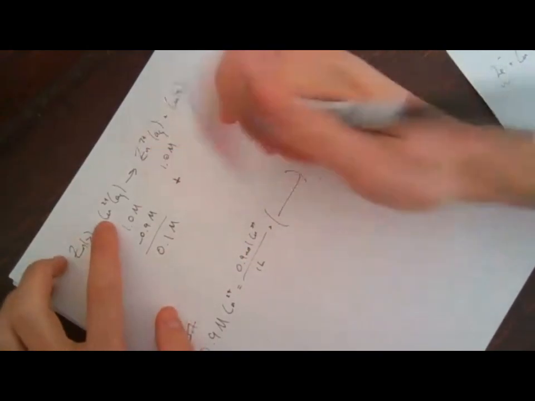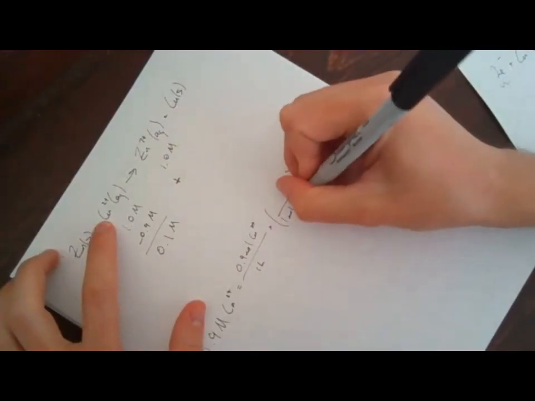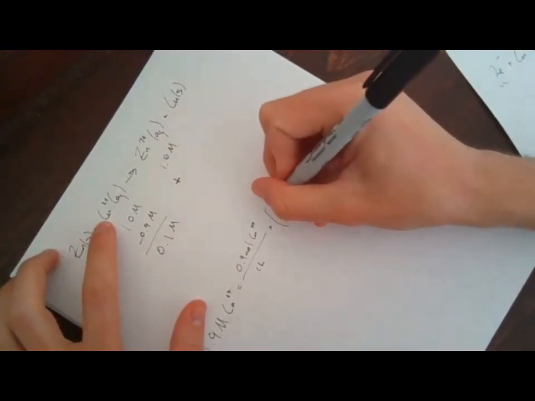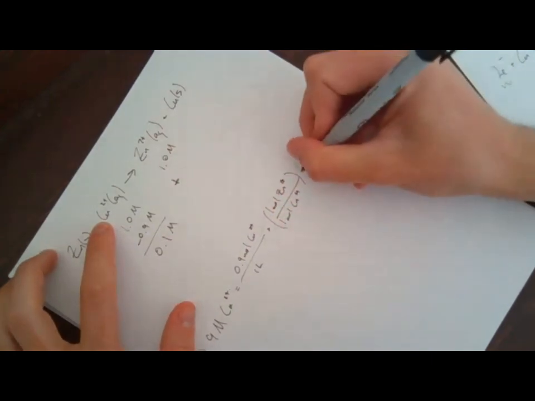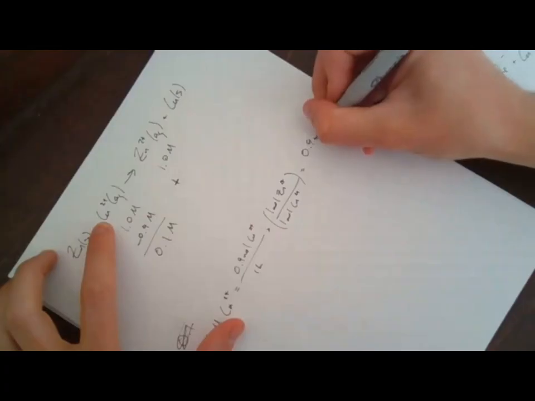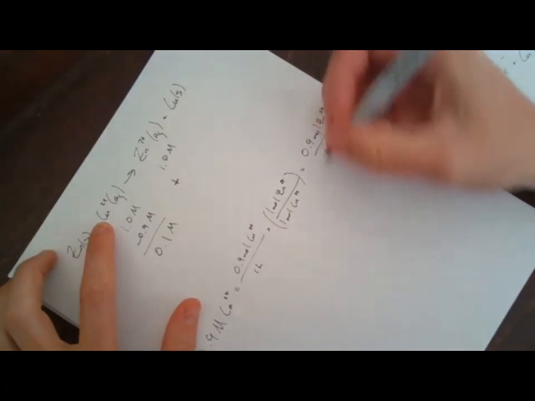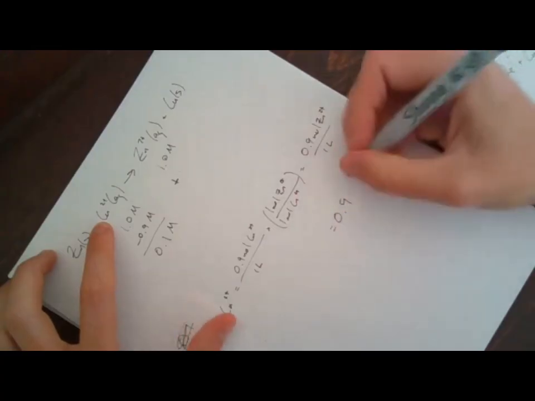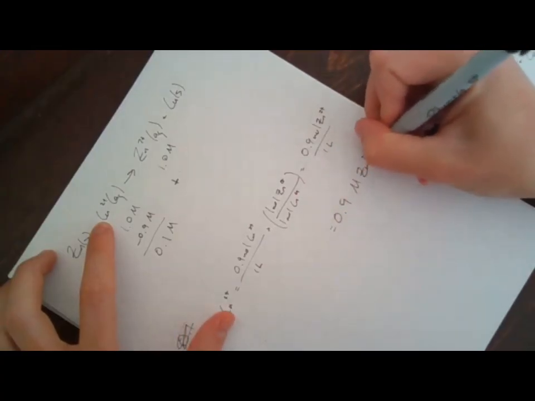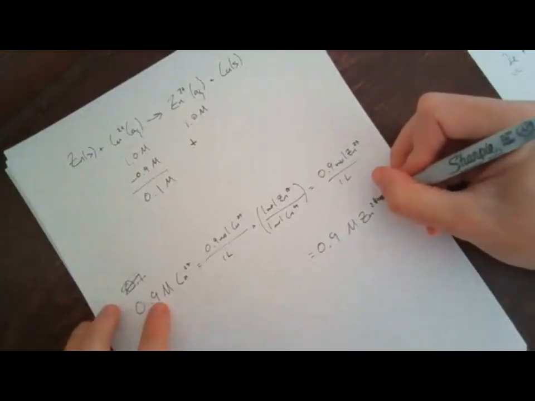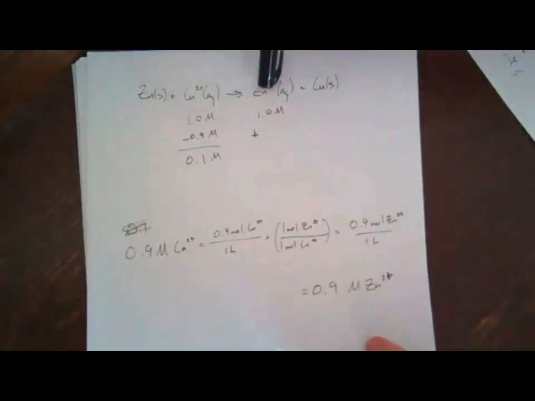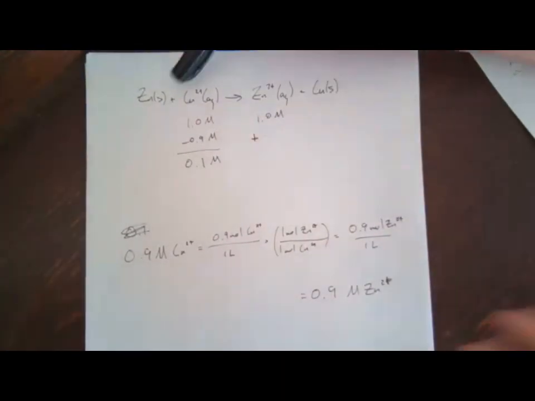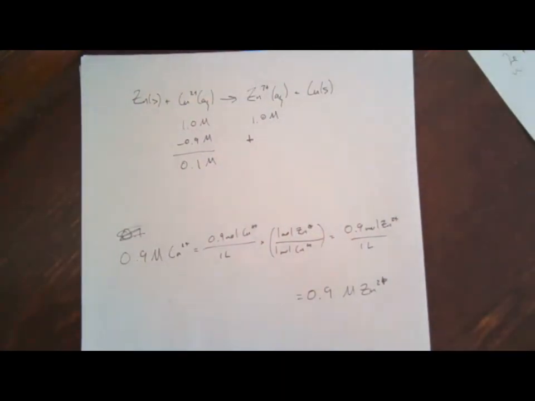And then based on our reaction coefficients, for every 1 mole of Cu2+ that reacts, we would get exactly 1 mole of Zn2+, giving us 0.9 moles of Zn2+ per 1 liter, which would mean we have 0.9 molar zinc cations. So there are the same number here, but that's only because the stoichiometry is 1-to-1. If your stoichiometry is not 1-to-1, you would need to make that adjustment.